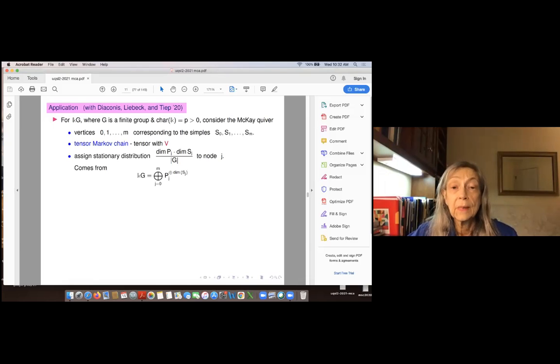It came from the Wedderburn theory when you don't have a semisimple algebra. So your group algebra decomposes into projective indecomposables, and the multiplicities are these dimensions of the S_i. If I had a semisimple algebra, I would just have the dimension of S_i squared over the order of the group. And that would be just dividing things up according to the Wedderburn decomposition of the group algebra.